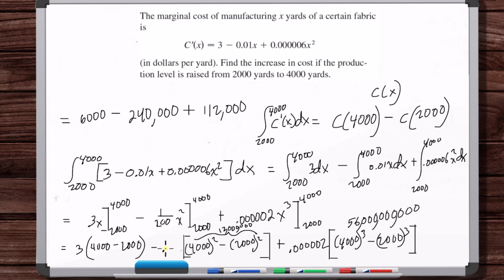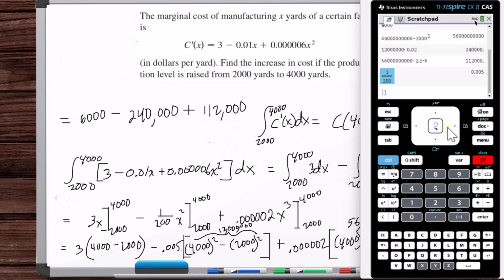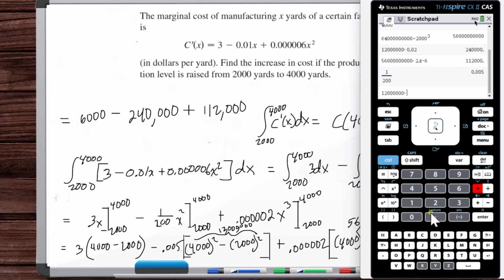All right. So with that, we can take this 12 million, then that's times 0.005.